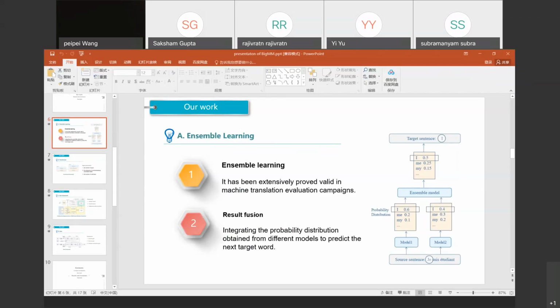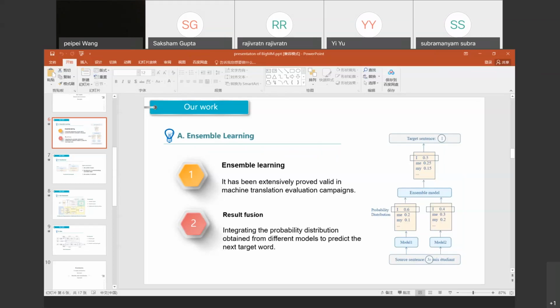The method is, when we input the source sentence, we use different models to get the probabilities of the current word. Then we get different probability distributions. As shown in this picture, model 1 got the first word, and the probability is in the table.